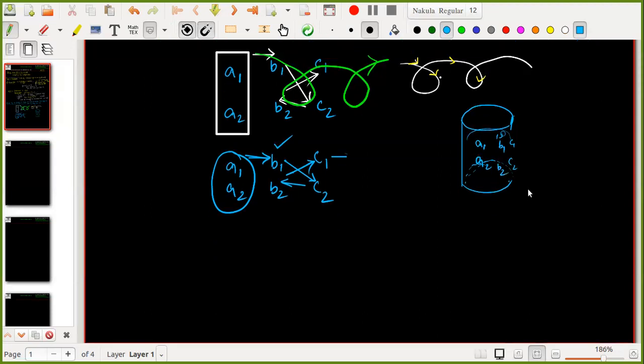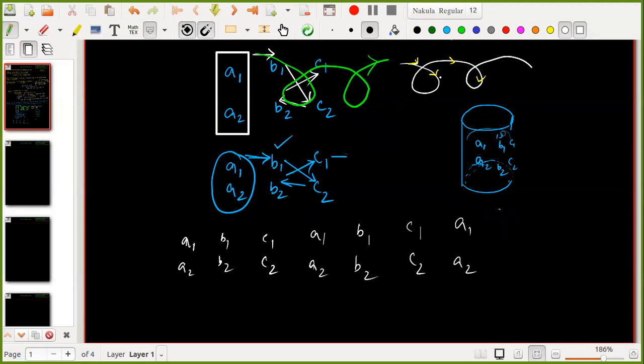So likewise, we will have a situation like a1, a2, b1, b2, c1, c2, followed again by a1, a2, b1, b2, c1, c2, and again by a1, a2.